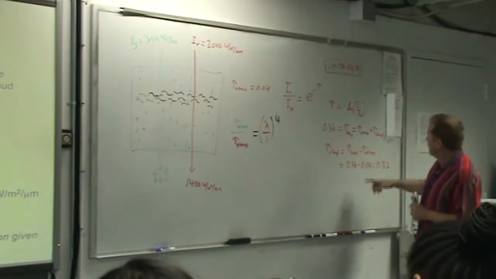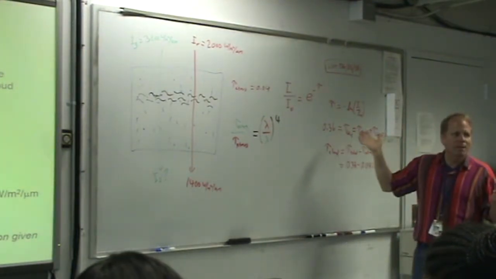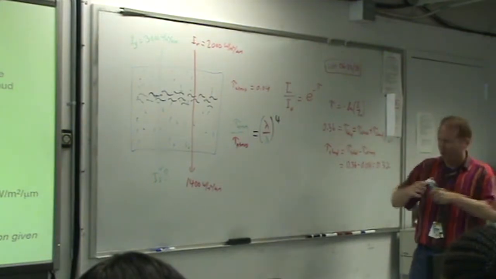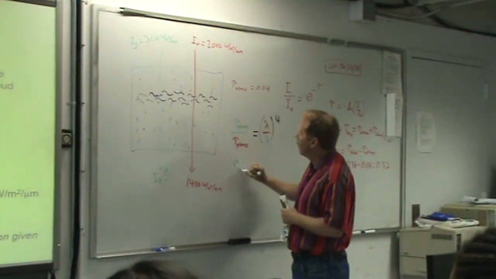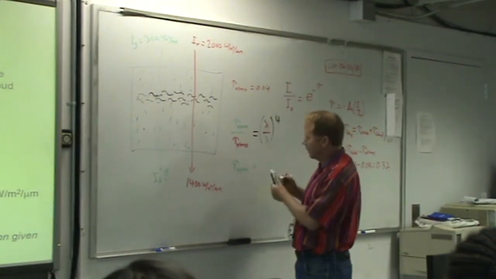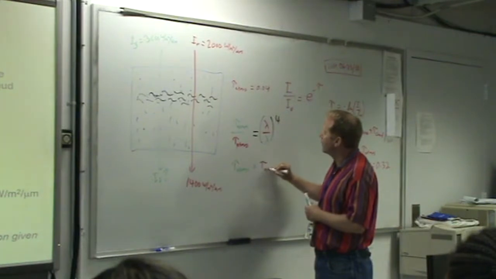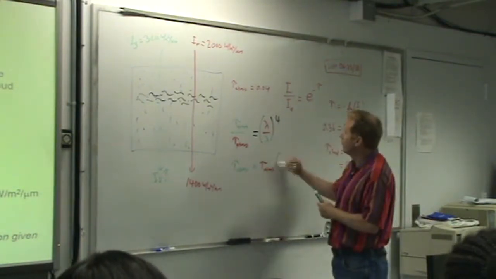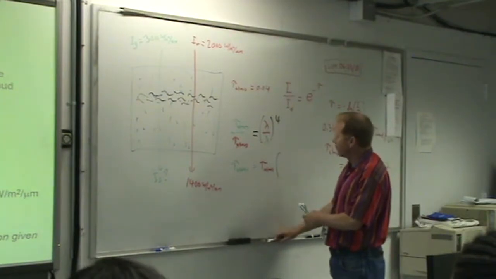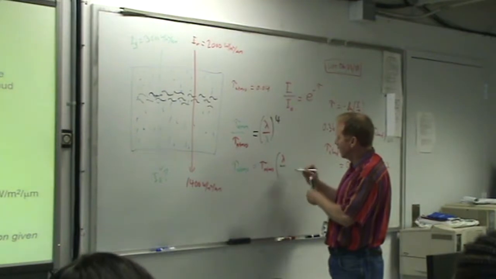Are we using 0.36? Which one are we using? 0.04. Yes. So if I rewrite this, tau atmosphere in the green is equal to tau atmosphere in the red, lambda over lambda.